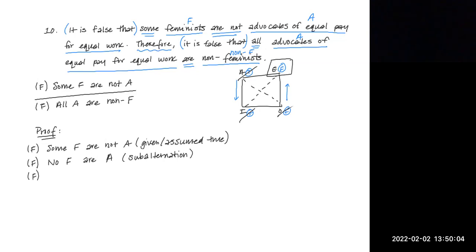Carrying that false down, I see that I need to make this "no" and "all." I need this F to be a non-F, and I need this A and this F to switch places. So let's do the simplest thing first. Let's just perform conversion. So that'll just switch the places of the subject and predicate terms.